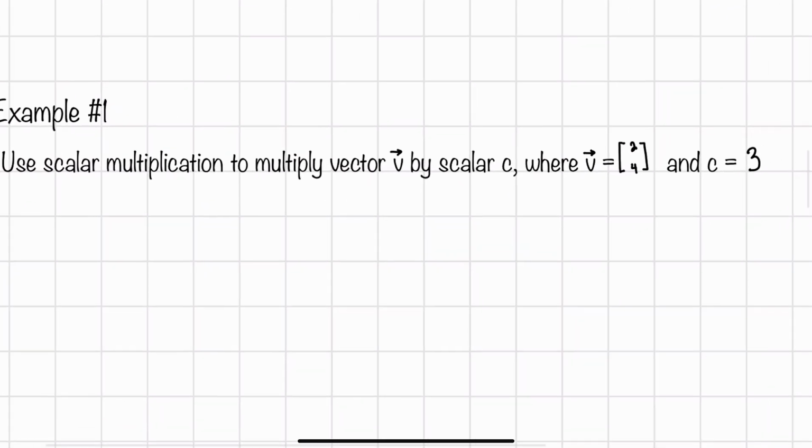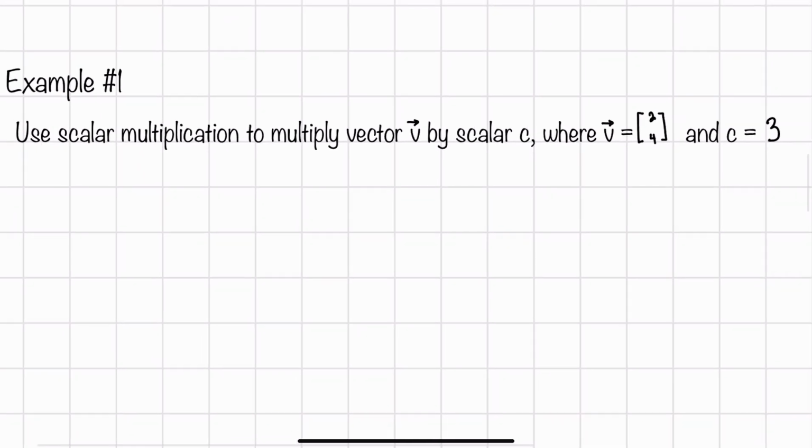So one example that we can look at is use scalar multiplication to multiply vector v by scalar c, where vector v is equal to 2, 4, and c is equal to 3. So looking at this, we have c times v, and plugging in our scalar and our vector, we would have 3 times vector 2, 4.